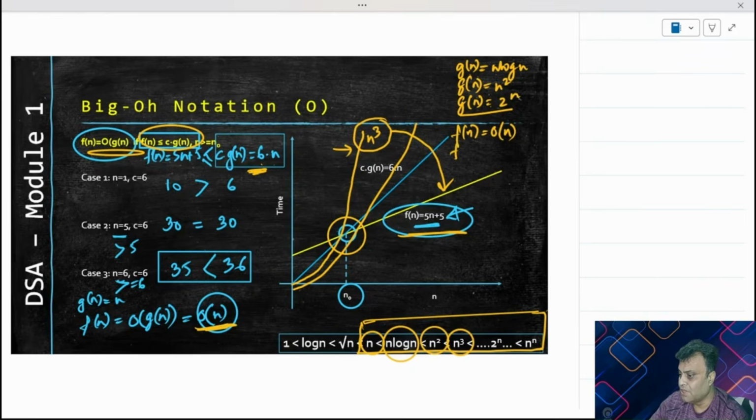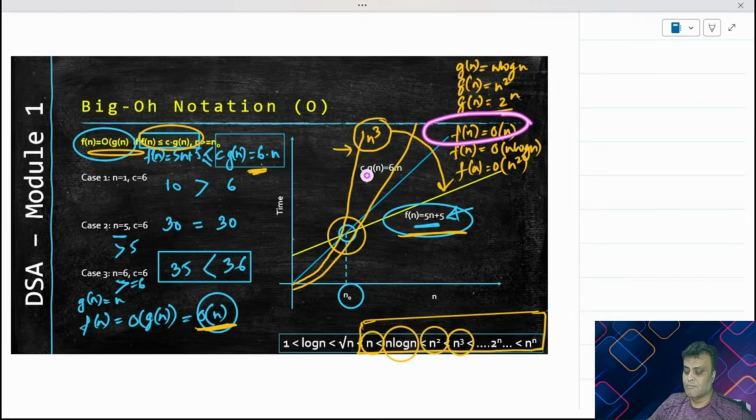If I can write Fn equal to big O of n, I can also write Fn is equal to big O of n log n. I can also write Fn is equal to big O of n square. I can write anything that is above n as the big O, the upper bound of that particular function. But conventionally, we have to write the nearest complexity class. That is, we have to write only this, big O of n.